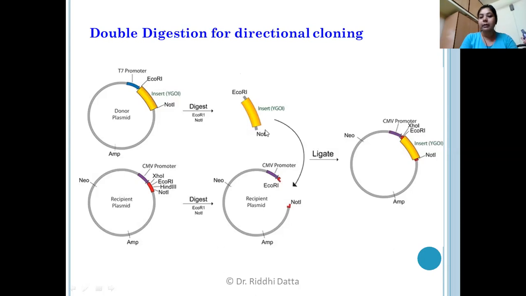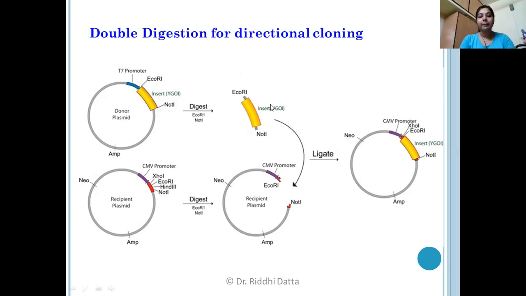And the NOT1 overhang will base pair only with the NOT1 overhang in the plasmid. So the base pairing will always be directional, and so we will always have a directional clone. So we will always select two different RE pairs while cloning.